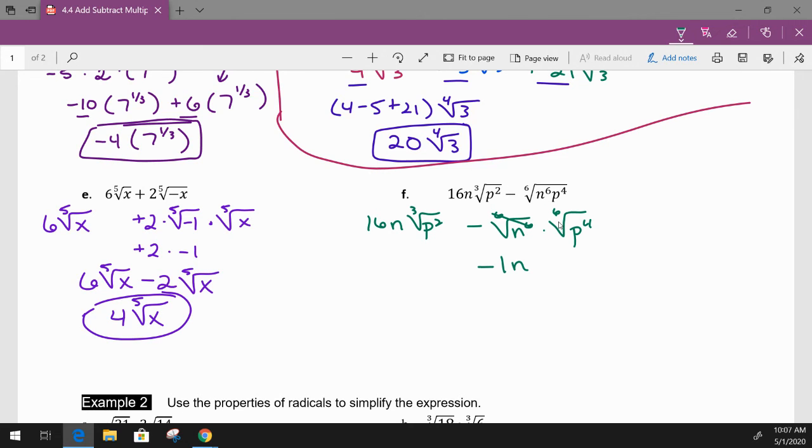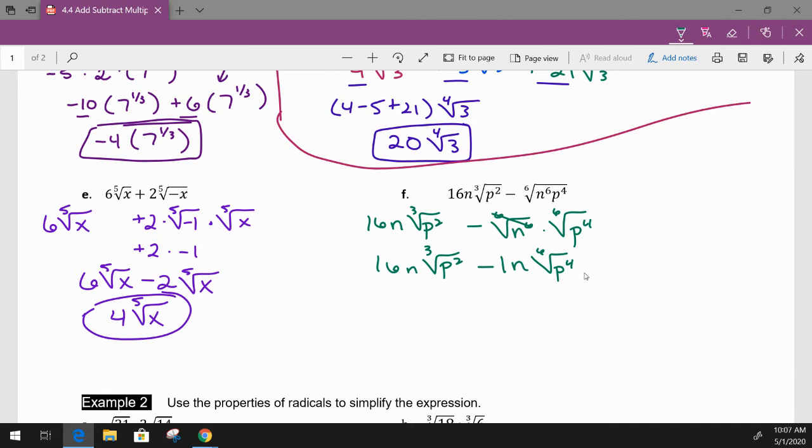But then if you look at the sixth root of p to the fourth, it is not exactly the same as what we have over here. But using some of the rules from rational exponents and radicals, you should be able to recognize that the third root of p squared is actually equivalent to the sixth root of p to the fourth.